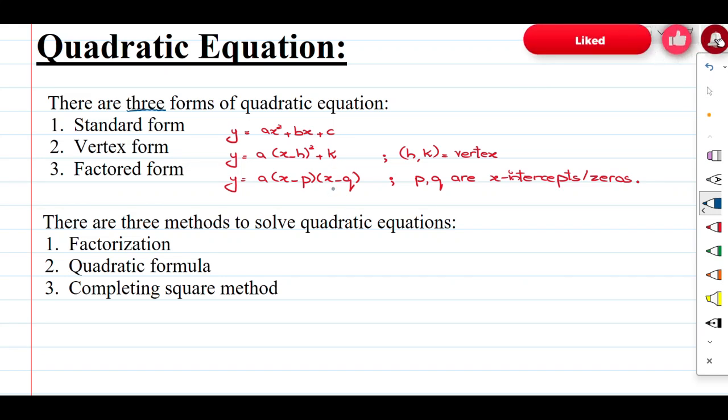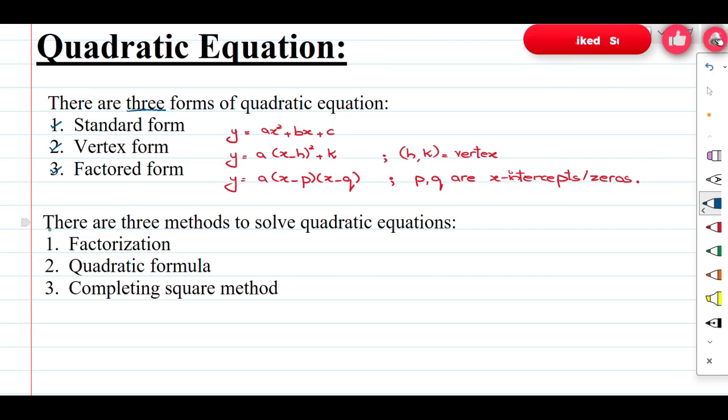In O levels and in IGCSE, mostly students come across the standard form and the vertex form, and sometimes the factored form, when you are given the equation in factored form and you have to graph it out. Yes, sometimes it's factored form, but mostly these two forms are used, right?